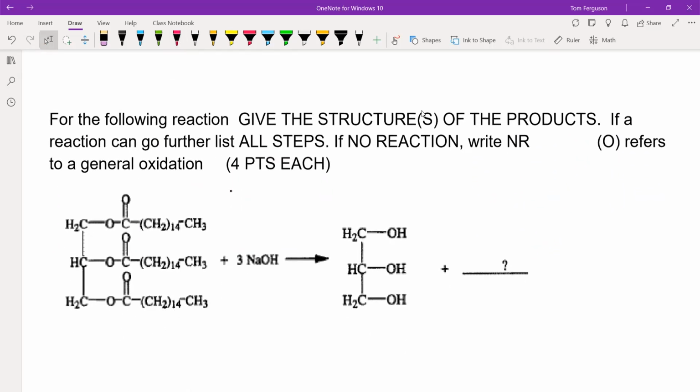Okay. So we have an ester in an alkaline environment, which gives the alcohol plus the acid salt.